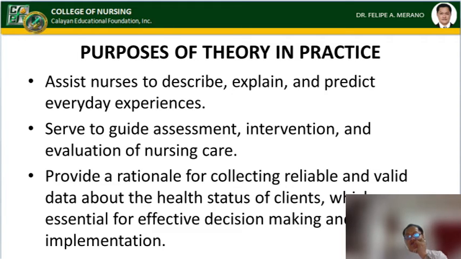That's why we as nurses must provide reliable and valid data to our doctor or to any other healthcare professional so that we will not have any consequence to our patient. But if we take vital signs correctly, then it will help us make decisions and implementations effectively for our client.